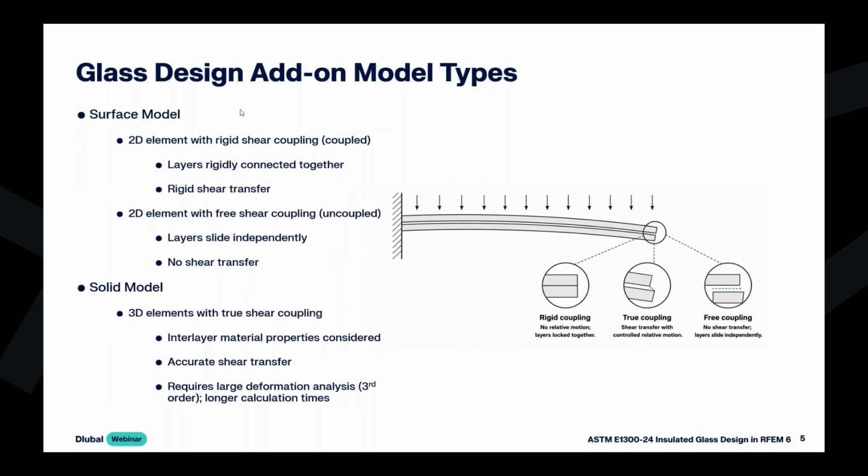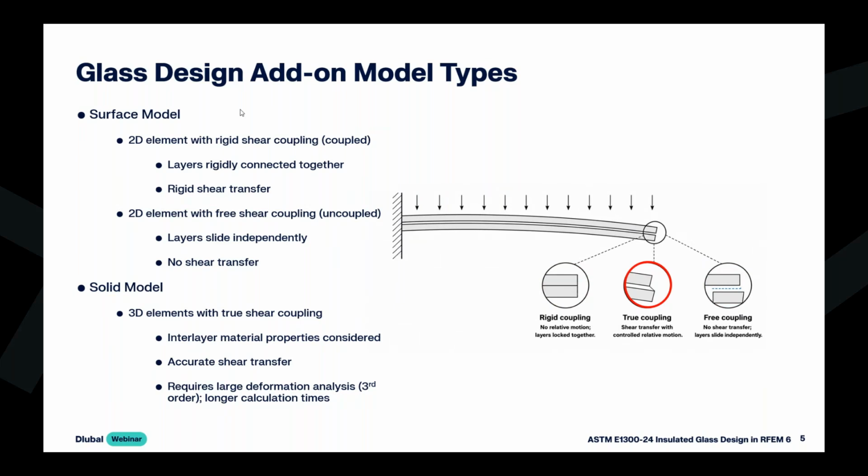Now, alternatively, we have the 3D solid model. So we're now introducing this third dimension, this solid object, into this FEA program for our glass structure. And for this, we will actually consider the true shear coupling between each layer. The inner layer, such as our foil or our resin, the material properties will be accurately considered for accurate shear transfer between the glass to the foil or resin, and then also to the glass as well.